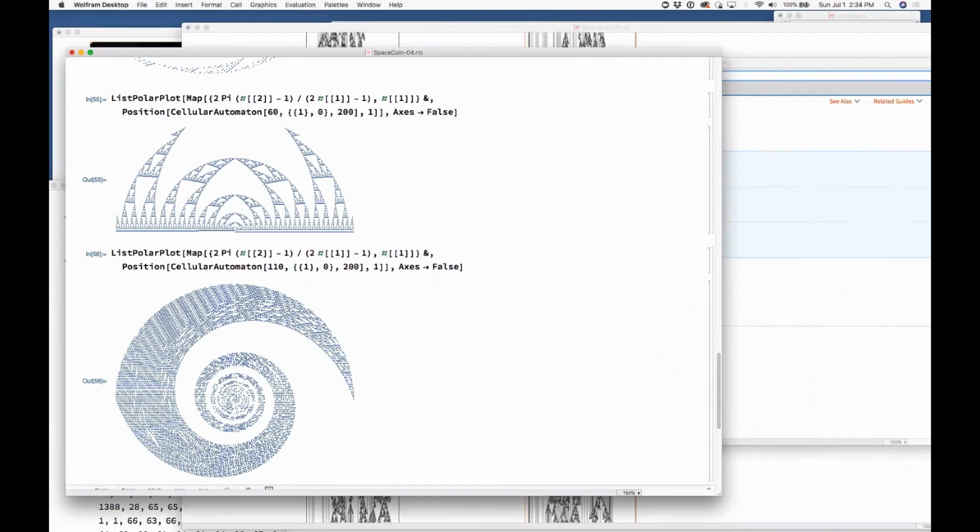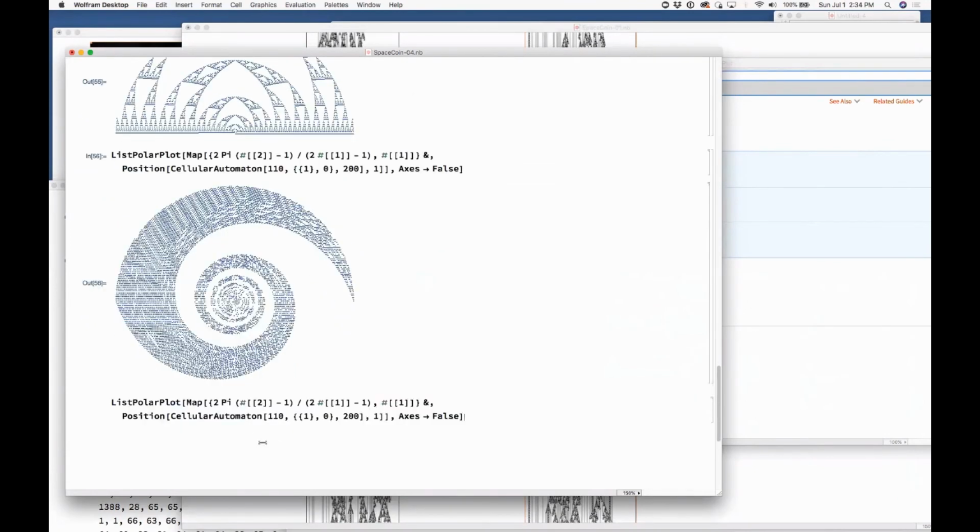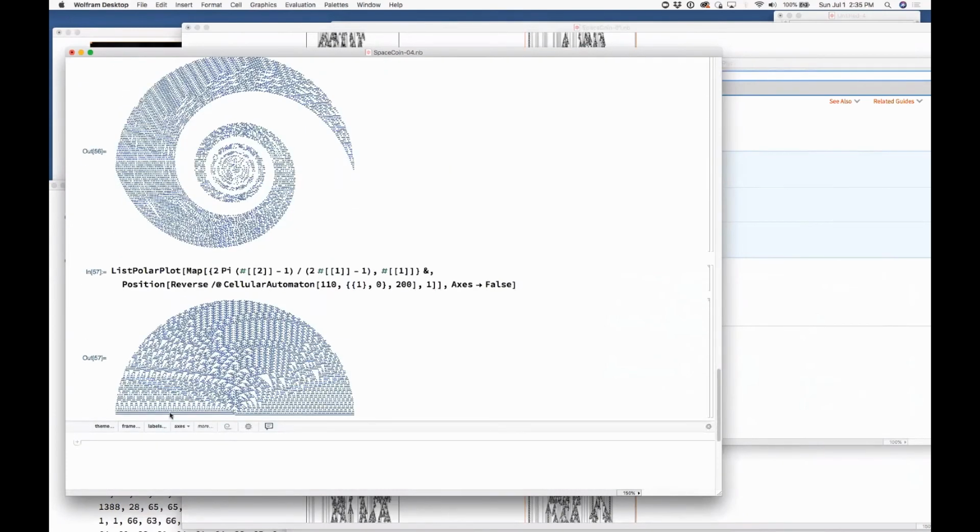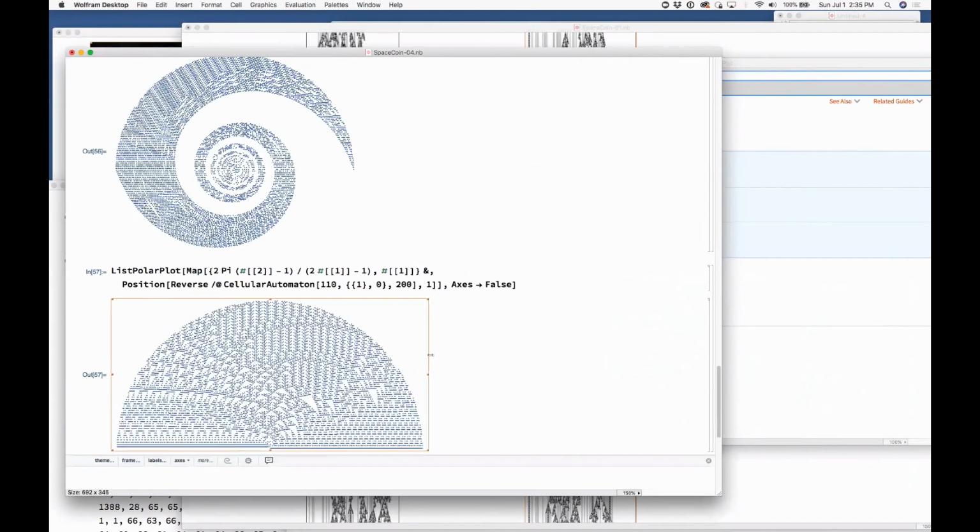Okay, I guess that's expanding on the other side, so we need the mirror reflection of rule 110. And we could get that by doing this, he says, hacking it slightly. We could reverse each row. There we go. That's kind of fun. Wow, that's kind of fun.